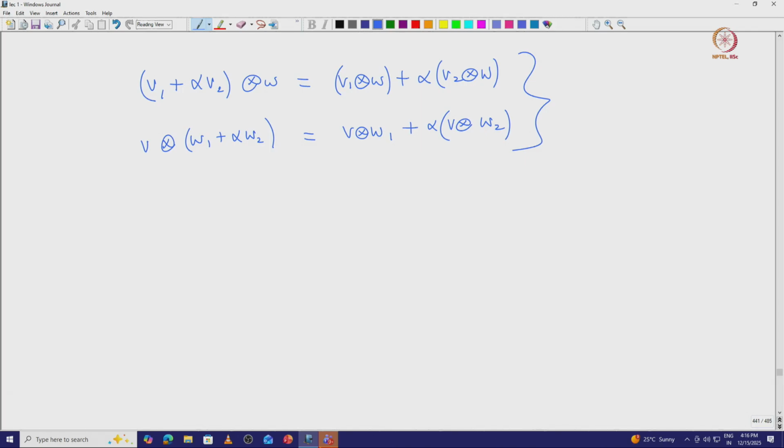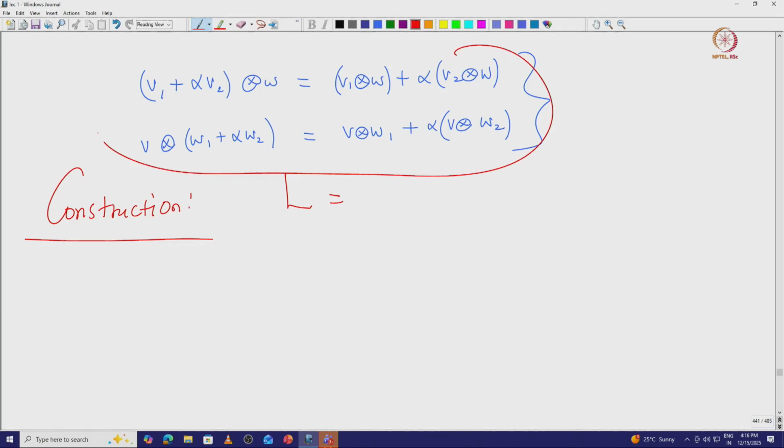Okay. So, this motivates us to do the following construction. Here is the construction. We use the quotient space construction. What are we going to do? We are going to take the free vector space spanned by V cross W, and then we are going to demand that these relations hold in our space.